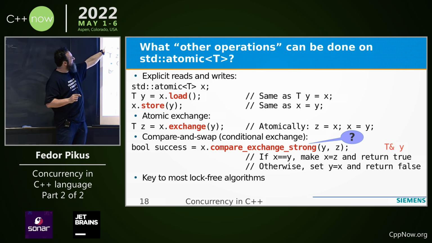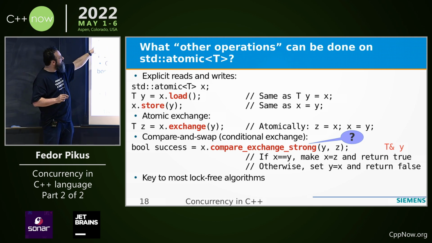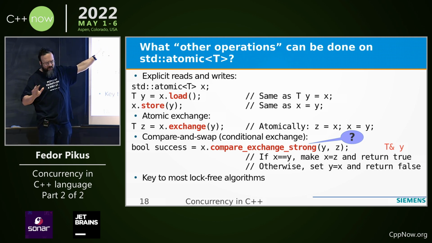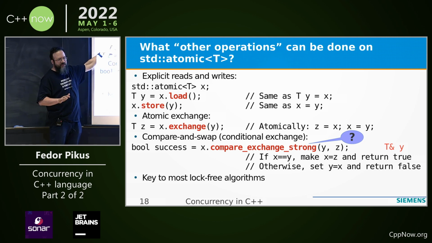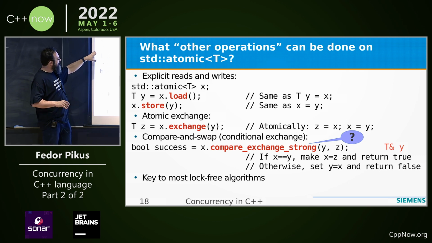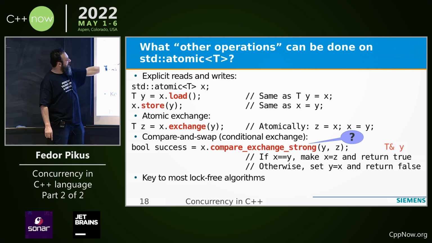And now we come to what these actually do. These, at the hardware level, do a bitwise copy. That's where the whole trivially copyable restriction is coming from, because it's going to do a bitwise copy at the hardware level. That's just embedded into the definition of atomic. Atomic exchange.